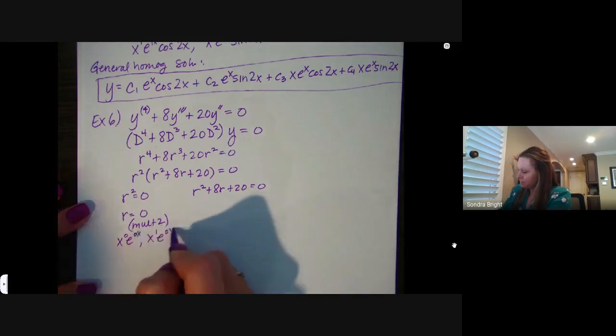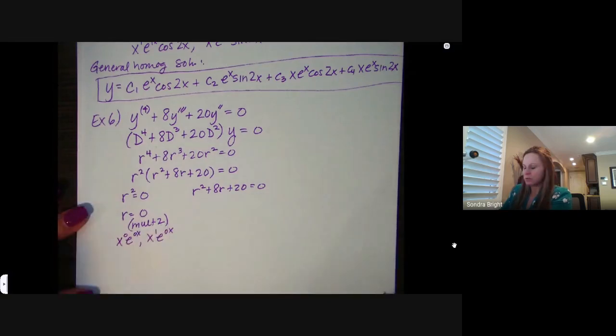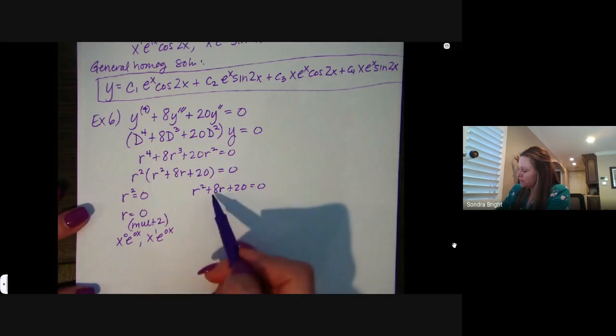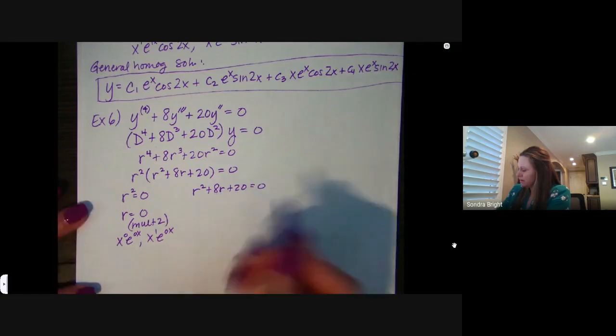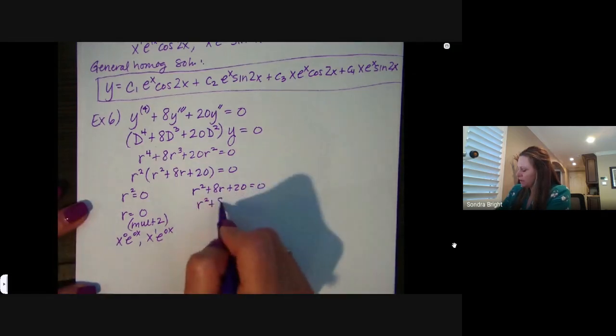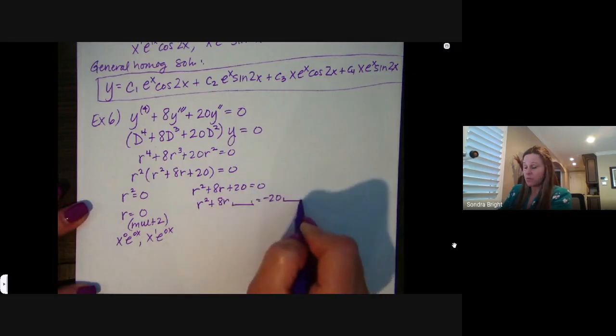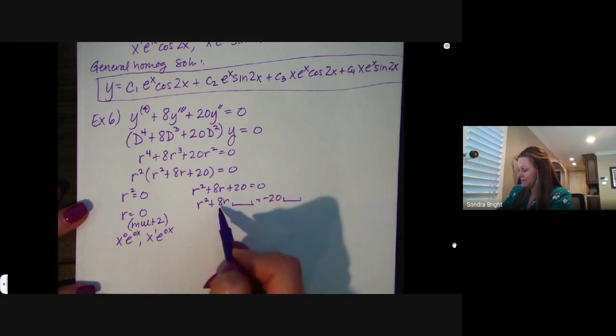This guy, you're not going to find 2 numbers that multiply to 20 and add to 8. 8's an even number, though, so I can complete the square easily. Subtract that 20 over to the right-hand side of the equation. 8 cut in half is 4. 4 squared is 16.